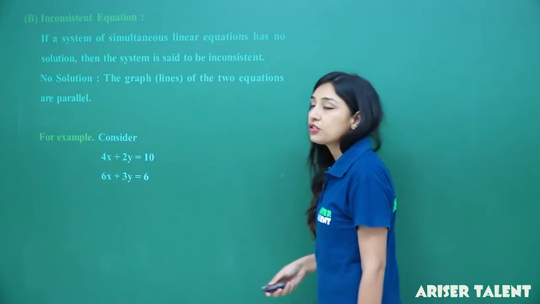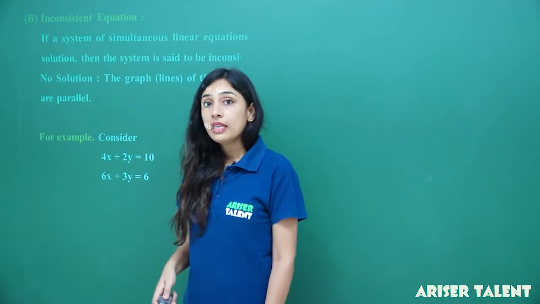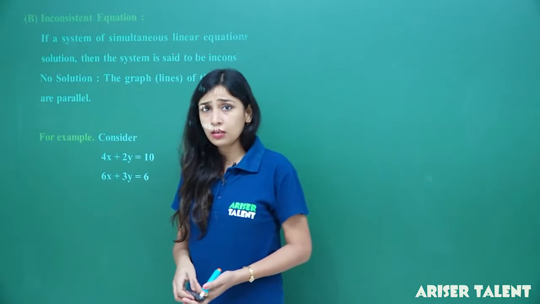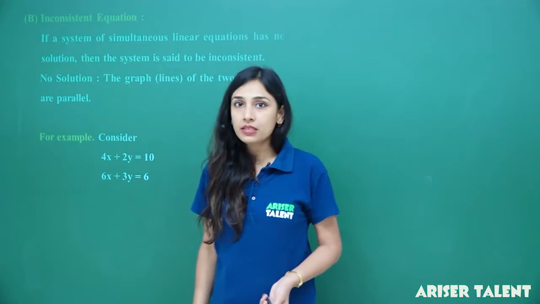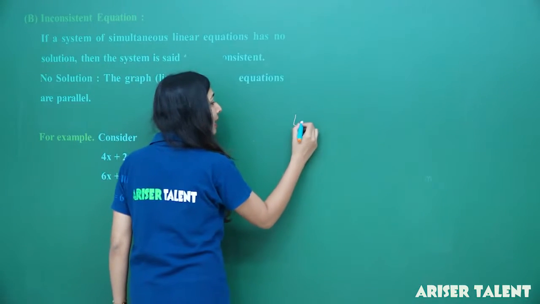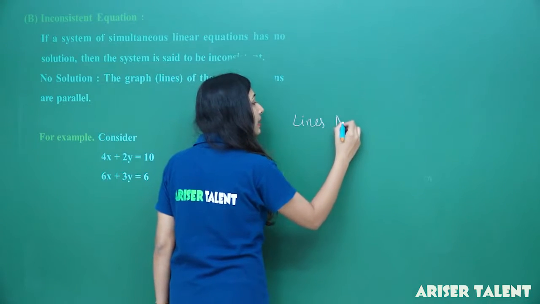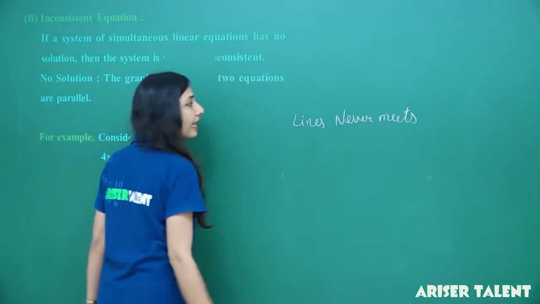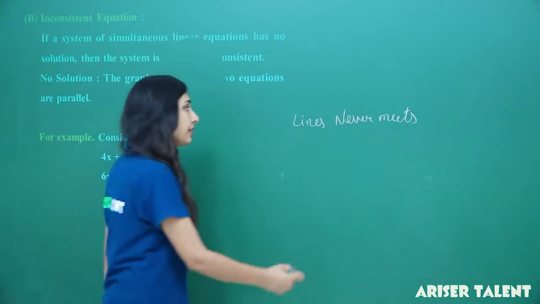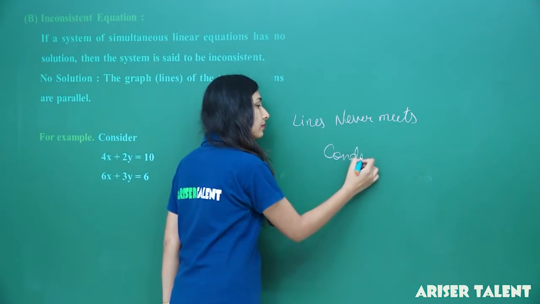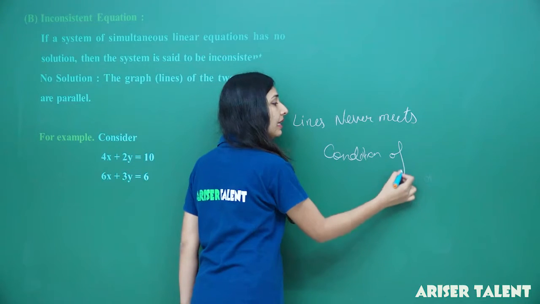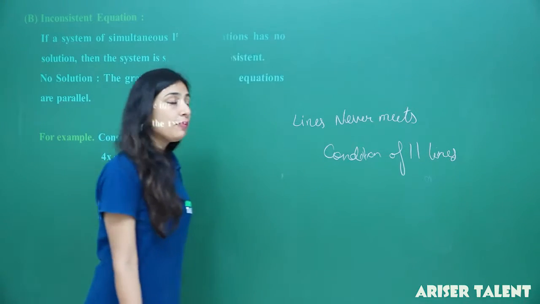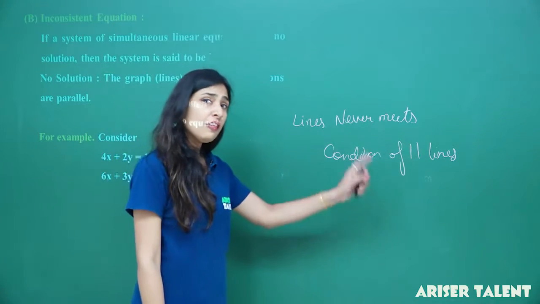Now inconsistent equations. Inconsistent means no solution at all. If you have no solution, it means the lines never meet. When the lines never meet, it is the condition of parallel lines, isn't it? If I take parallel lines, they will never meet.